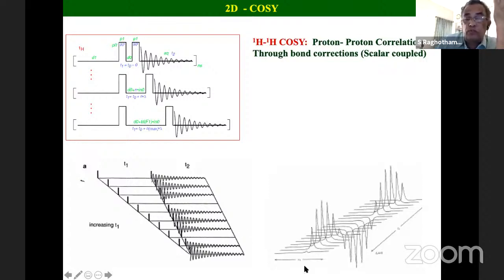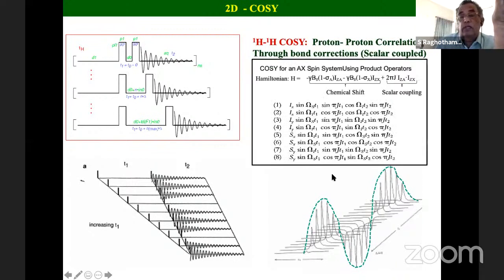And as you keep on Fourier transforming, you're literally generating another FID in what is called the indirect dimension, or the t1 dimension. Now you see another FID building up here. And now you Fourier transform this also. All these Fourier transforms are much better understood if you learn a little bit of mathematics. It's mainly trigonometry. All these FIDs are either cosine or sine waves.